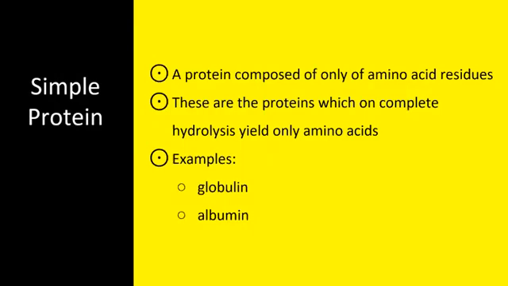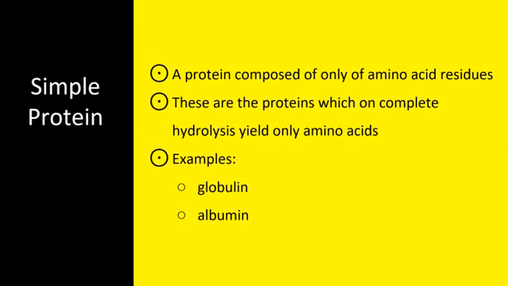In a simple protein class, this is a type of protein in which only amino acid residues are present. So, very simple. There is no combination of any form of molecules. It's just the residue of the amino acid. They are the proteins which, on complete hydrolysis, yield only amino acids.